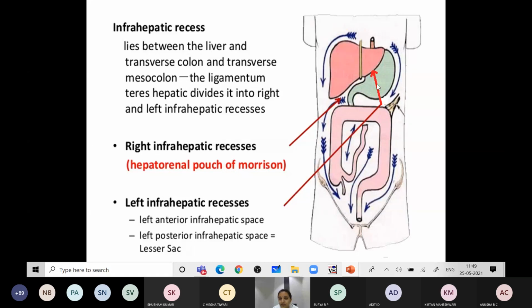The acid present forms inflammation, and that may close the epiploic foramen, and fluid goes on collecting in the lesser sac, and it will bulge into the stomach. At that time it is necessary to drain out the contents of the lesser sac.